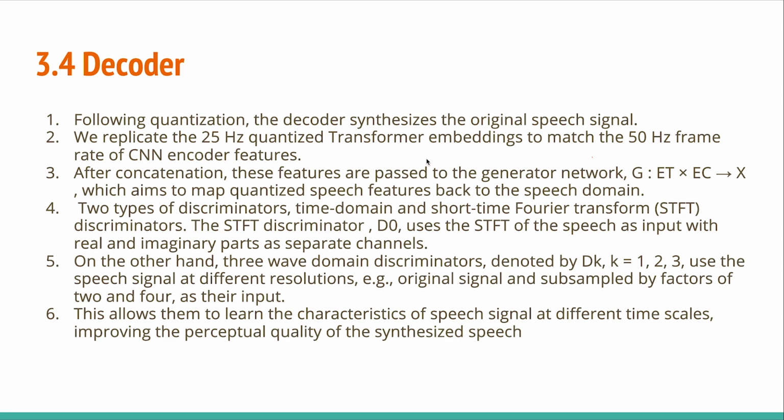There are three discriminators. One gives you the original signal quality or original sampling rate. Another one gives half the sampling rate. Another one is a quarter of the sampling rate, right? So they are basically judging audio at different resolutions, right? And they claim that this helps the model learn the speech signal at different time scales, so that we can have a better perceptual quality.